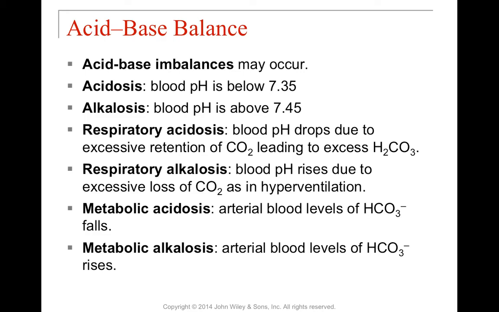If it occurs through errors in metabolism, then you can end up with metabolic acidosis, and that's going to be when your arterial blood levels of bicarbonate are going to fall. If we just don't have enough bicarbonate and the system is going to get overwhelmed, then we are just not going to be able to handle an increase in H plus, right, hydrogen ions, and that's going to lead to acidosis, right?